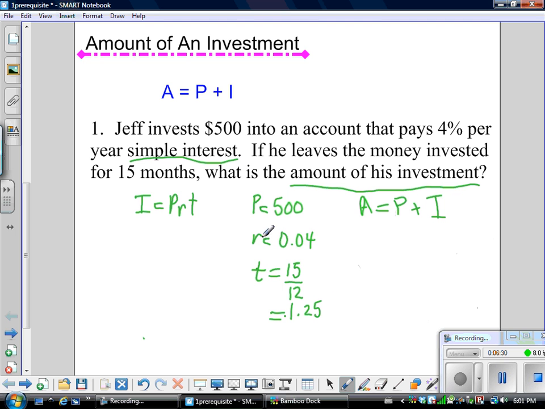So now I have all this information and I can substitute it into our simple interest formula, and we would end up with 500 times the rate, which was 0.04, and finally, our time was 1.25.